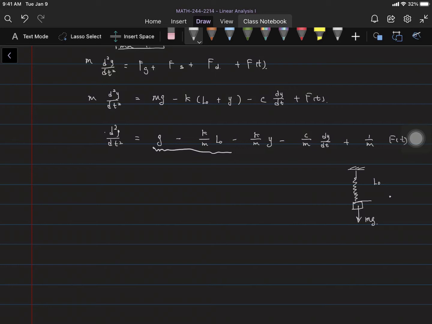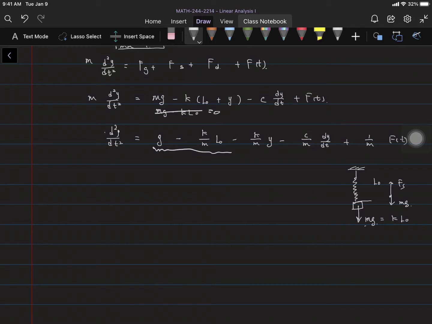So mg equals Fs, which means they equal each other. So you can cancel mg minus kL0, which equals 0.